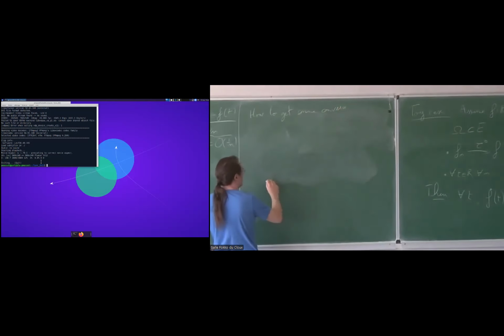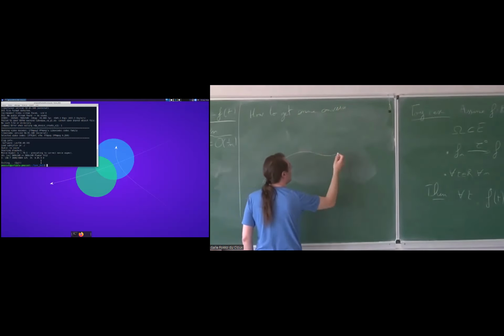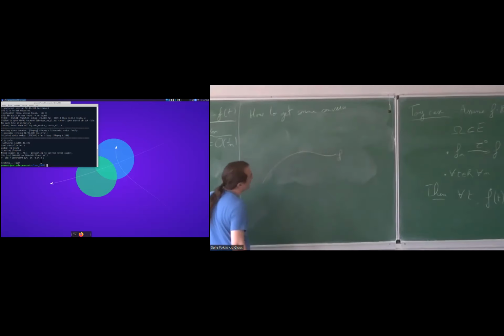So let's say you've got your function f, and this is the image of f, and maybe the target is a plane. And say at t equals 0, you've got the speed vector f dot of 0. And somewhere in this vector space, there is a set omega, like this.